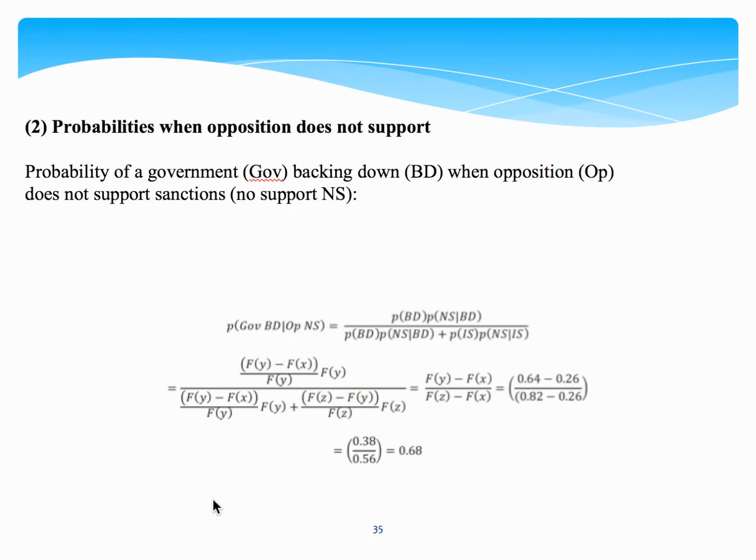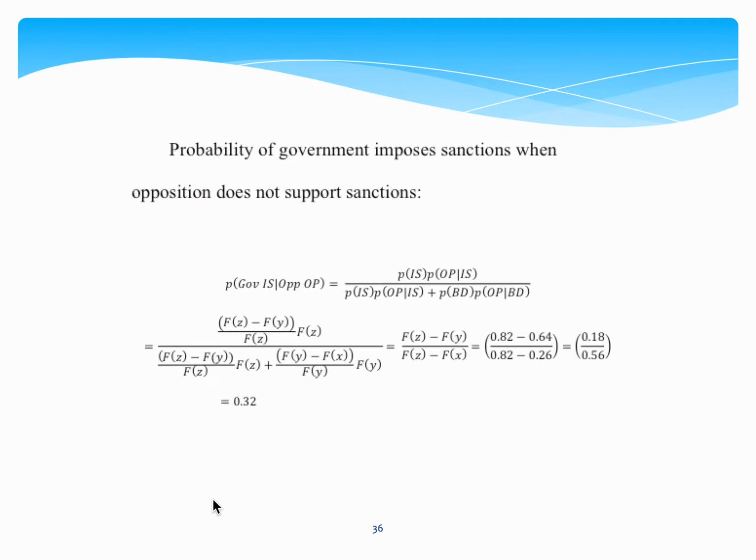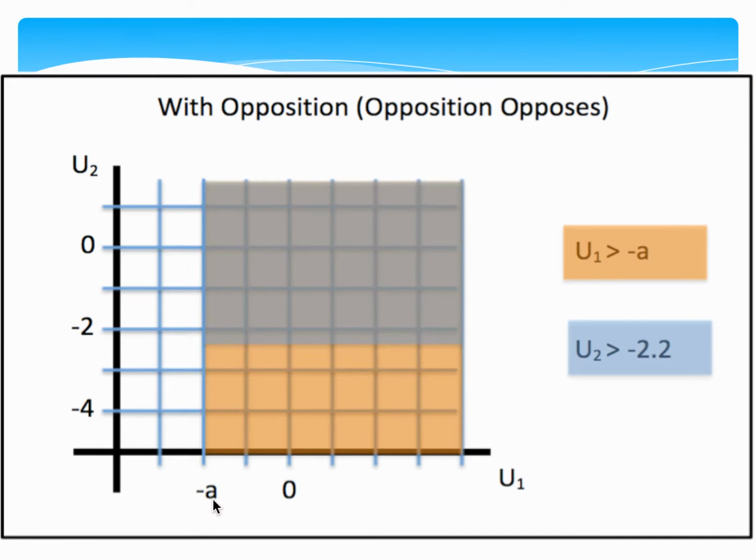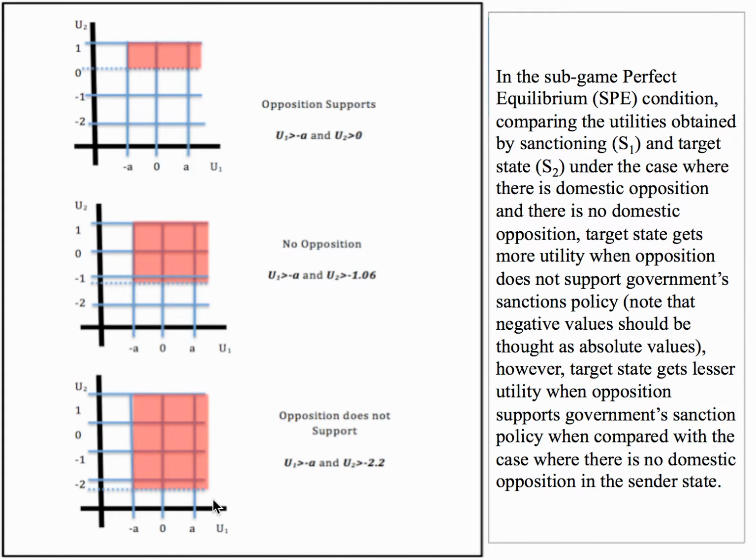And then I looked at the probabilities when the opposition does not support, and then this time I get this result.